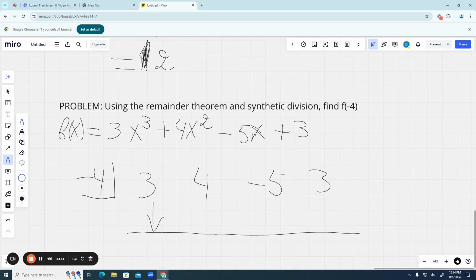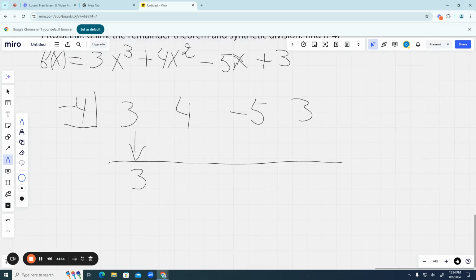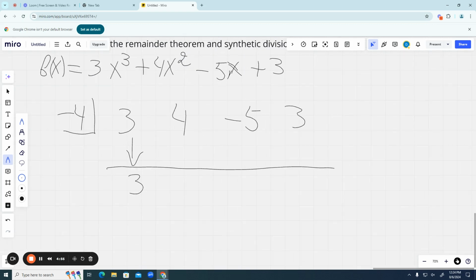We're going to bring that 3 down for starters. And now we're going to do minus 4 times 3, minus 12, added to 4, that's minus 8. Minus 4 times minus 8 is 32. I take away 5, I'm at 27. Now 27 times minus 4, I can do that here on the side.